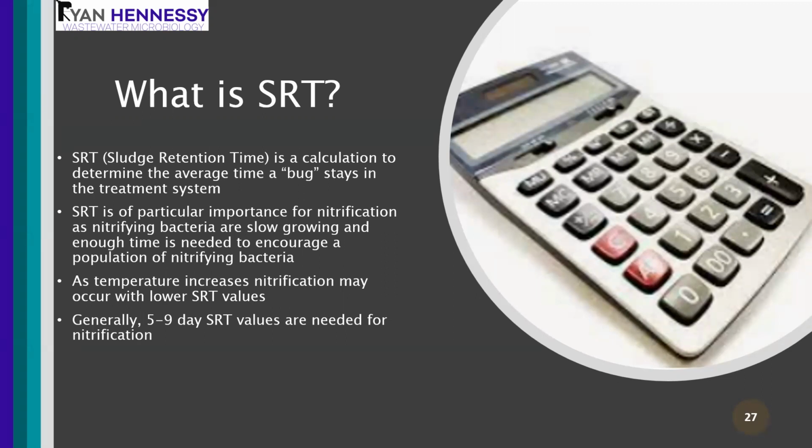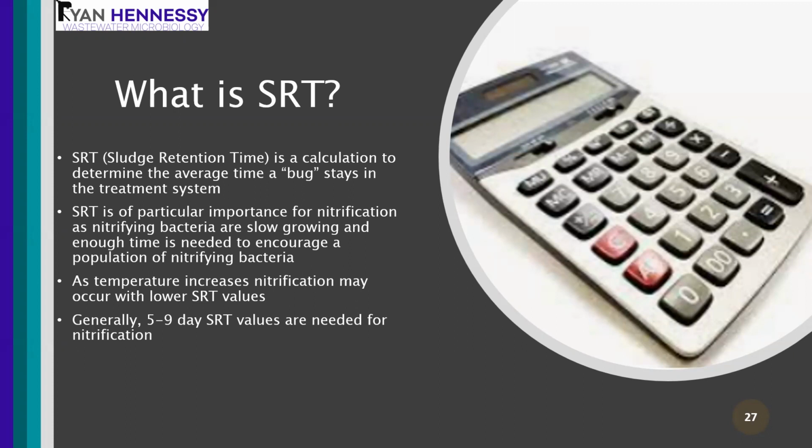Temperature is also going to play a really high role in this, because as the temperatures decrease, all the metabolic rates of the bacteria will also decrease. So generally, if we want to nitrify, anywhere between 5 to 10 days SRT values are needed.